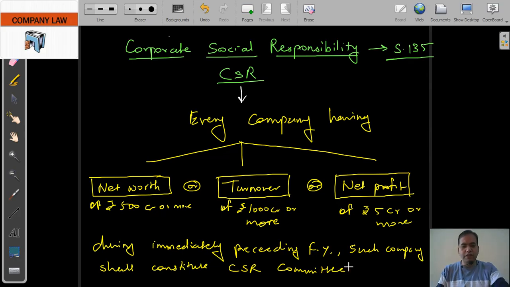Okay, so these are the provisions given under section 135. There are corresponding rules, the Companies CSR Rules 2014, which basically provide the definition of CSR.